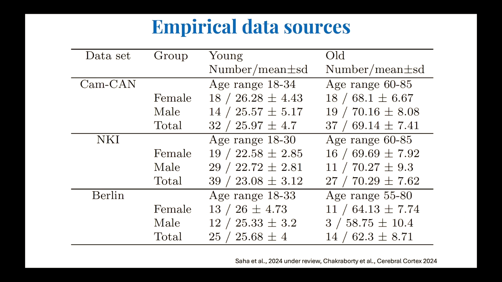So, we looked at 3 different data sets: one which came from the Cambridge University aging neuroscience study, a second from the New York NKI Rockland data, and the third data set, which I myself was involved in collecting, in Berlin, Germany from the Max Planck Institute. Using these 3 data sets, we wanted to do test retest validations to see whether the models can predict the same kind of empirical, or experimental, observations in all 3 data sets.